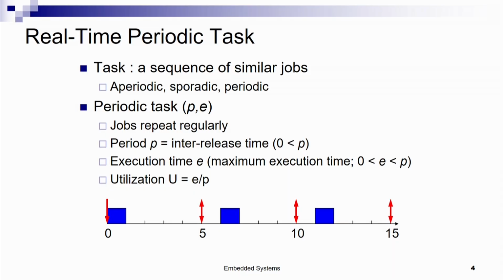Aperiodic tasks are typically event driven tasks, meaning that these tasks are triggered after a certain event occurs. For example, one such task could be the controller for lifting the seat of a car, say.